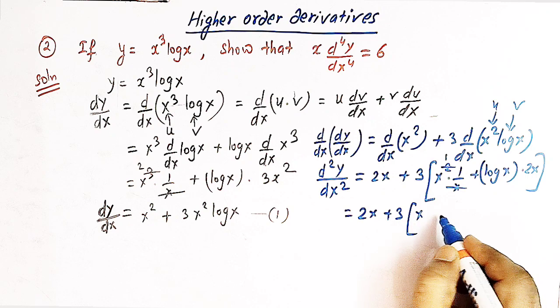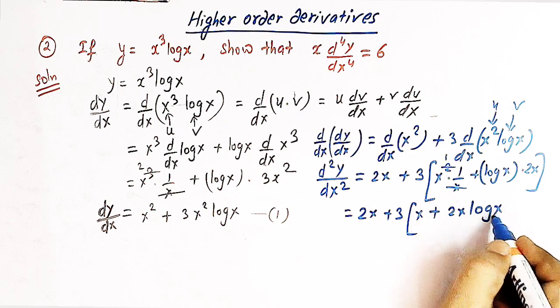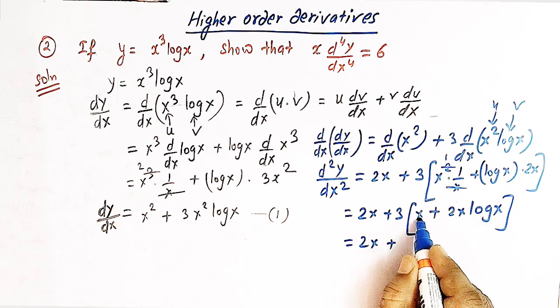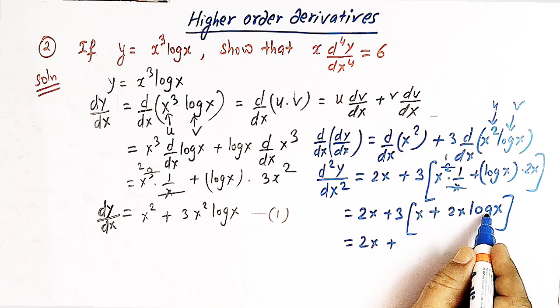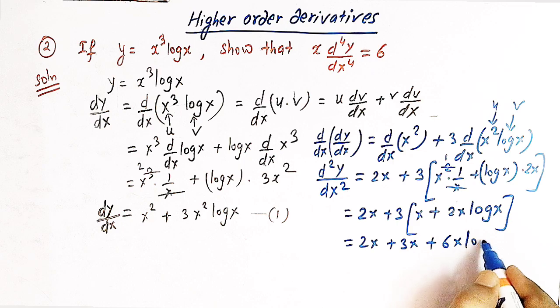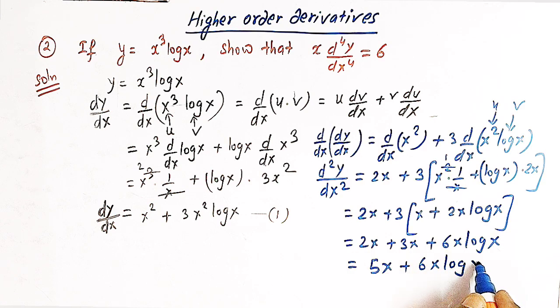So this is 2x plus 3, and here x and x get cancelled. We are left with x, and then we have 2x log of x, and this is 2x plus multiplying these two terms by 3, we have 3x plus 6x log of x, so this is 5x, 2x plus 3x, 5x, and here we have 6x log of x.